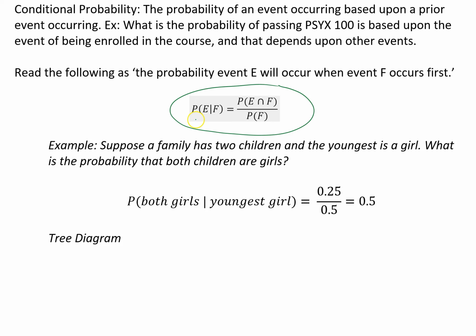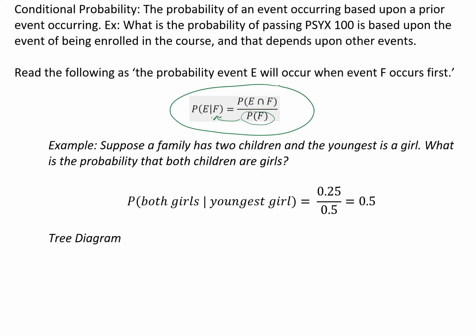The calculation for the probability of E occurring when event F occurs is equal to the probability of E intersect F divided by the probability of F. And notice this denominator that we're dividing by happens to match the given situation.